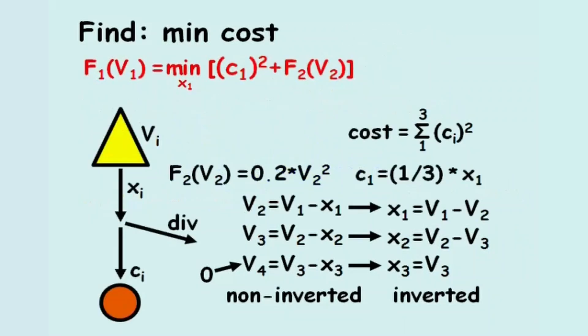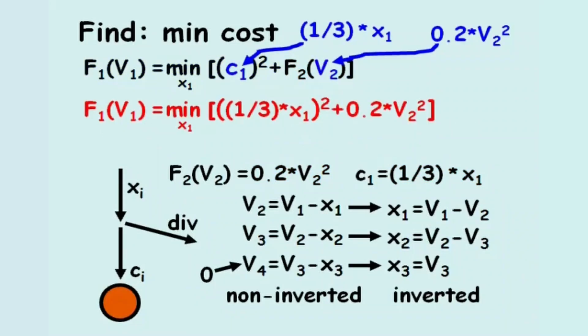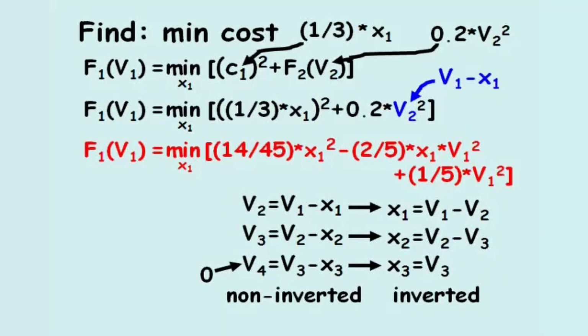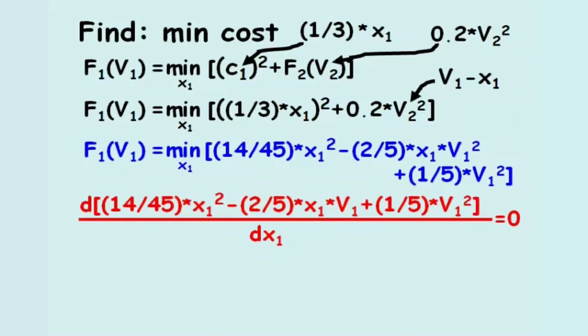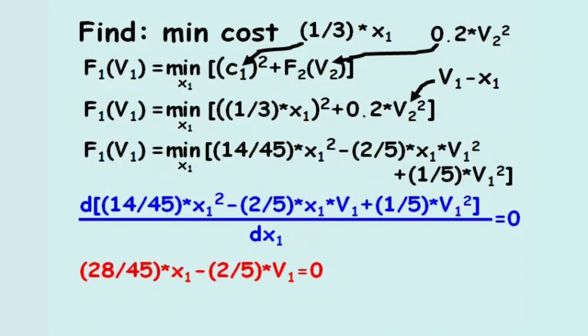In stage 1, we'll again plug in the cost function and future cost calculated from stage 2. Next, we'll replace V2 with V1 minus X1 from the state dynamics equation and write out the entire equation. Next, we'll differentiate with respect to X1, set the value equal to 0, and compute the release in the first stage, X1 equals 9/14 of the initial reservoir volume.